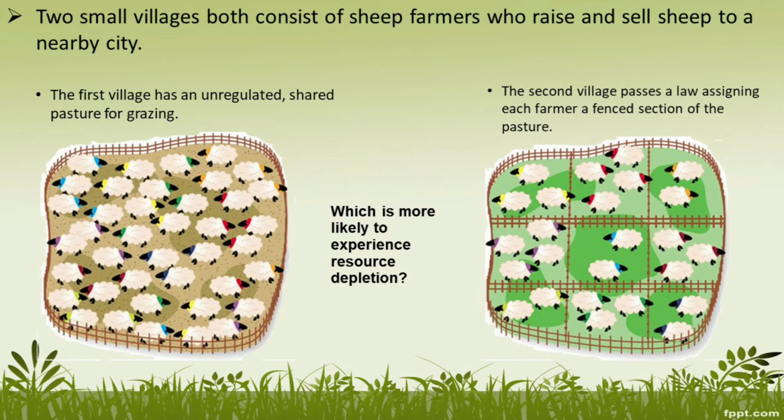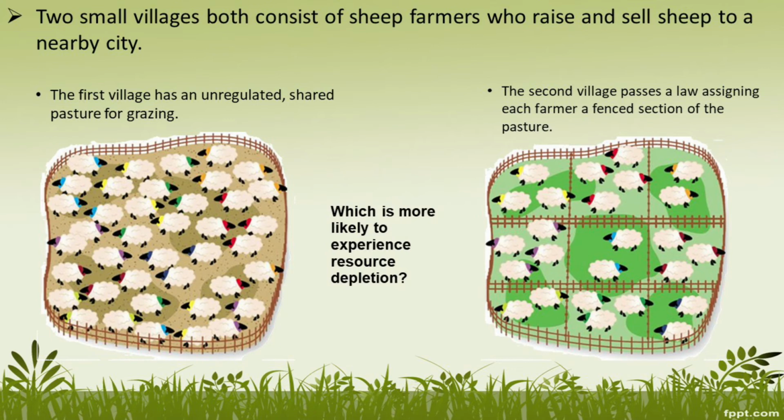In this case, we can say that the second village is better than the first village, because in the second there is a regulation, and there is an equal sharing of the resources. So conflict between farmers will be avoided, and of course they can have self-management of the area being assigned to them.